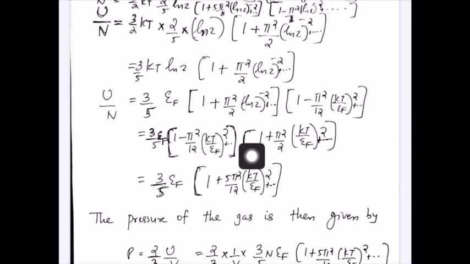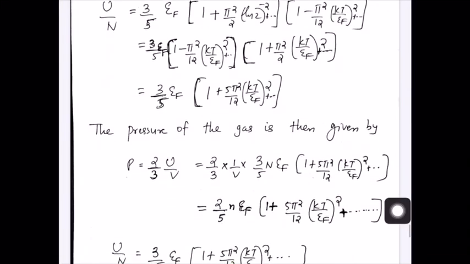First term will be 1, second term will be pi square by 2 (kT by epsilon f) square, third term will be minus pi square by 12 (kT by epsilon f) square, fourth term will be minus into minus pi square by 12 (kT by epsilon f) square into pi square by 2 (kT by epsilon f) square. So this is a kind of straightforward product, multiplying each term of this series by every term of this series. And the first two terms of that series will be this: 1 plus 5 pi square by 12 (kT by epsilon f) square, 3 by 5 epsilon f of this. Okay, so this is our U by N.